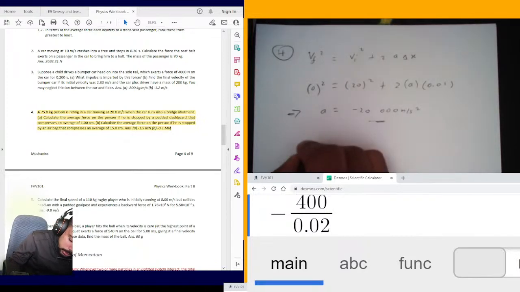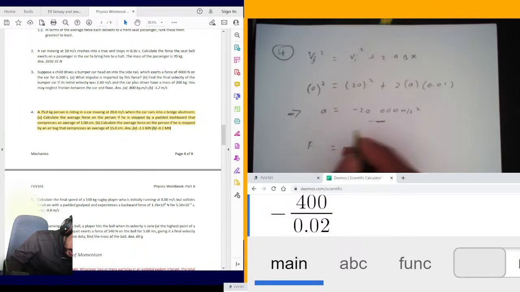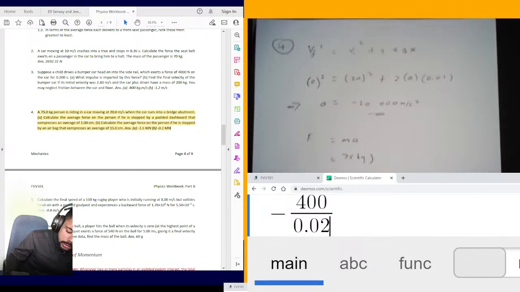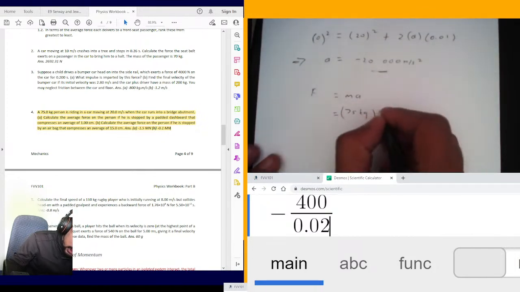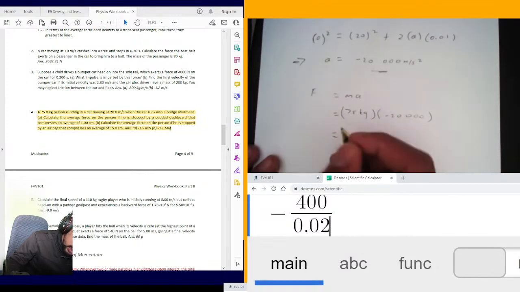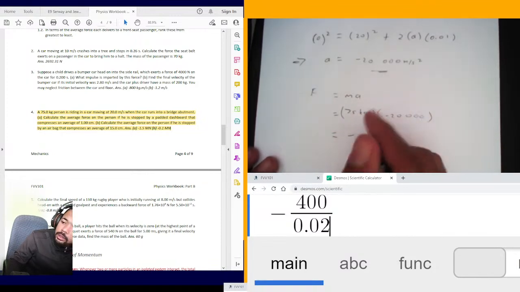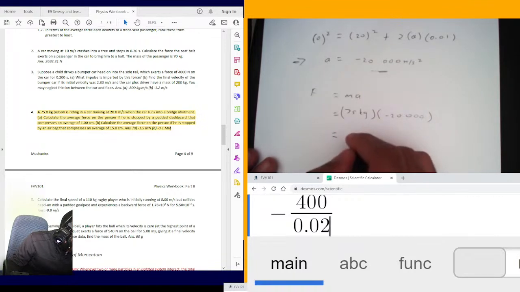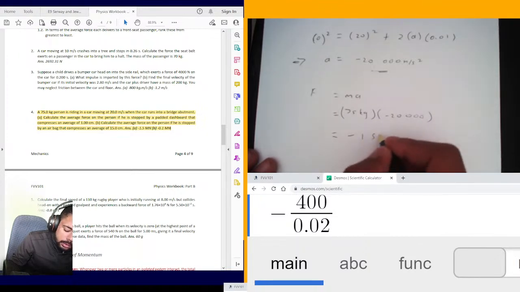The force will then be equal to mass times acceleration. And we have the mass as 75 kilograms, and the acceleration is negative 20,000. So the force is going to be negative 1.5 meganewtons.